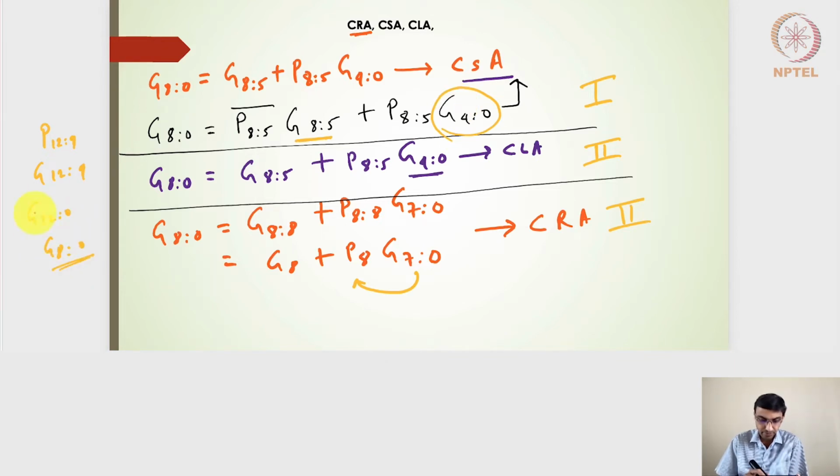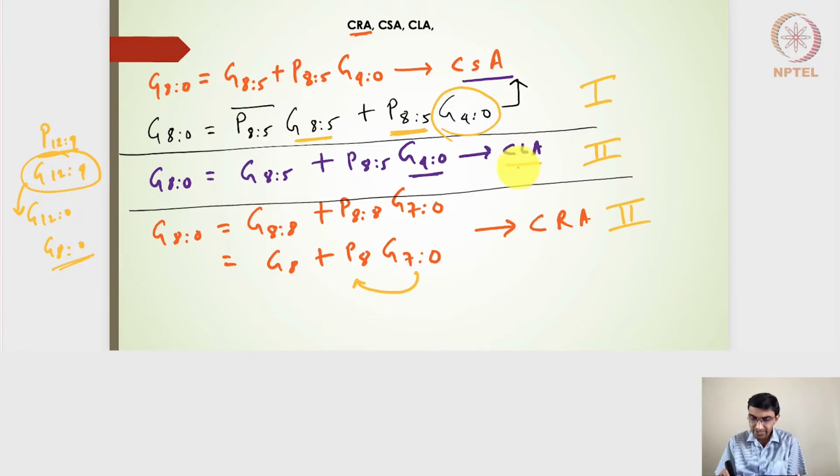It need not compute, because if P12 is to 9 is 0, then whatever is computed here, G12 is to 9, will be propagated as 12 is to 0 as a carry out. So it doesn't have to wait at all. But if it is 1 here, then it has to wait for G4 is to 0 computation. Right? So that's the CSA. The carry skip ahead adder has an advantage if the group propagate bit is 0.